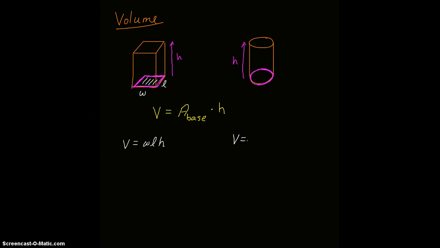V for volume equals, what's the area of this base? Well, it's circular, so it has a center and a radius. The area of a circle, pi r squared, and times h. Wow. Once we know the area of a circle or the area of a rectangle, we can find the volume of these.